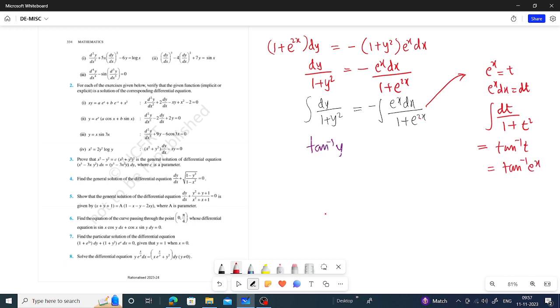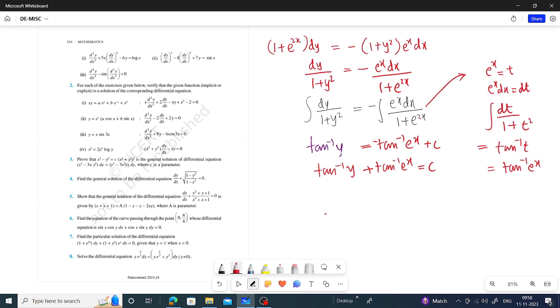So the solution is tan inverse y equal to minus tan inverse e raised to x plus c, that is, tan inverse y plus tan inverse e raised to x equal to c.